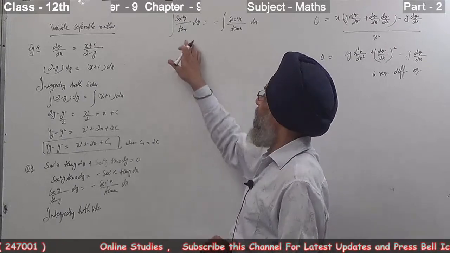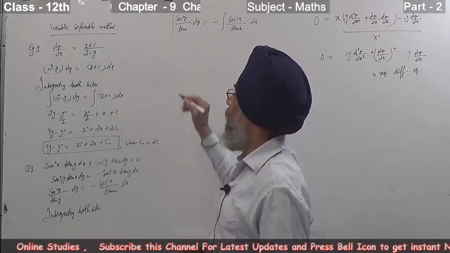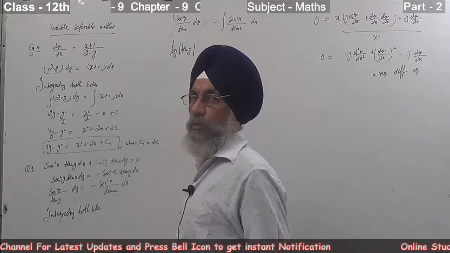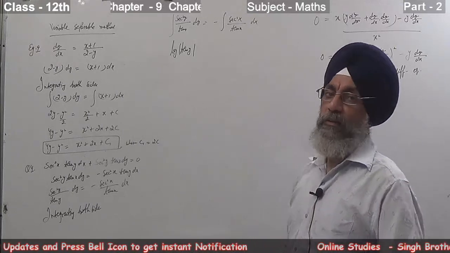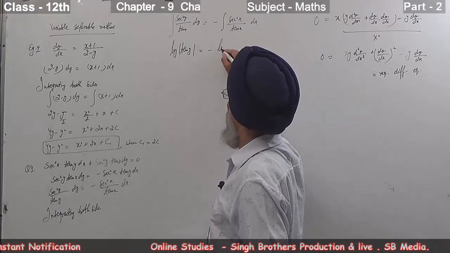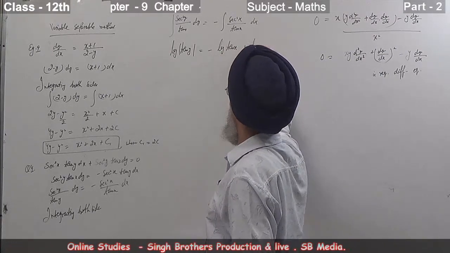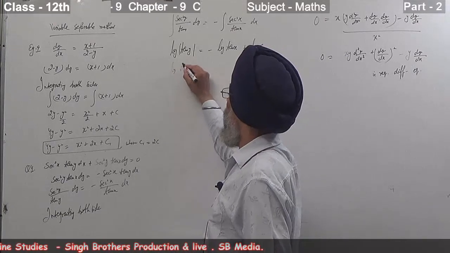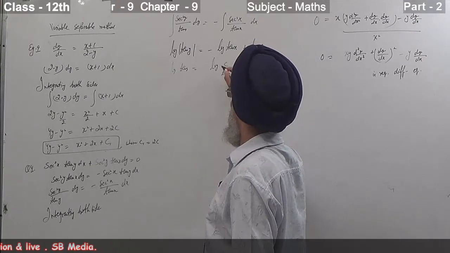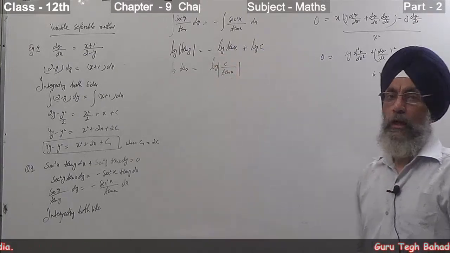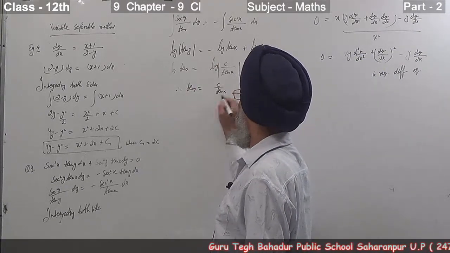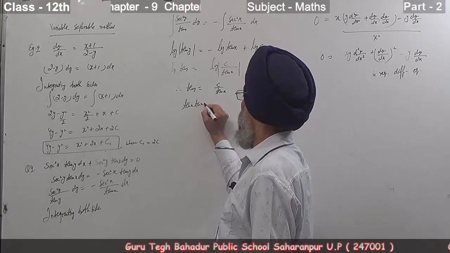So, if we have the complete differentiation of the denominator in the numerator, you apply the log there, it becomes log of tan y. Either you do a substitution or you can write it directly if we have the complete differentiation of the denominator in the numerator. Minus log tan x and here we take log c. So, log tan y equals log c upon tan x, because log m minus log n is log m upon n. Therefore, tan y equals c upon tan x, you can say tan x tan y is equal to c.